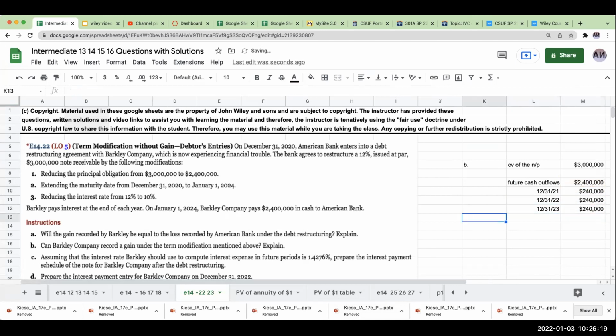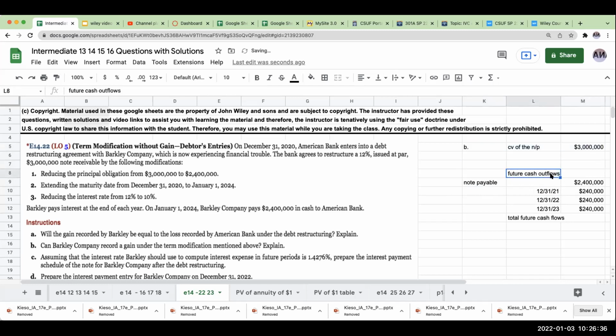So when I add up all these amounts, I get a total of 3,120,000.